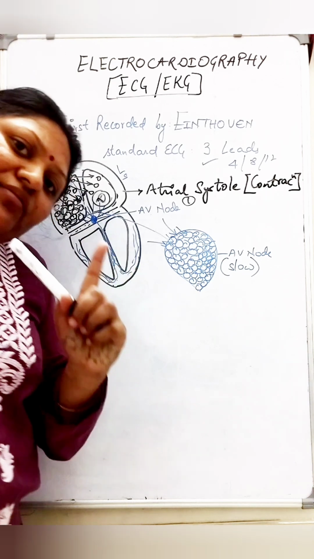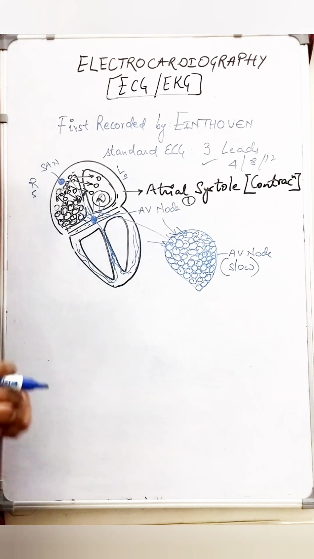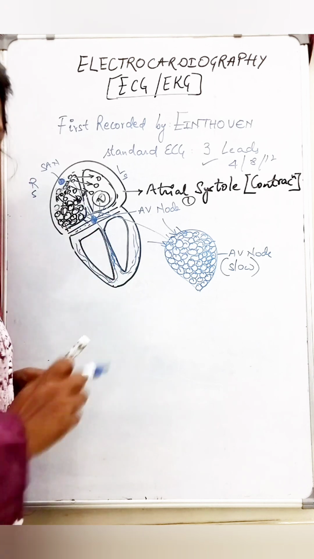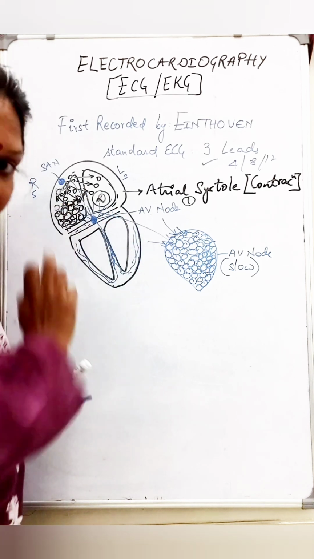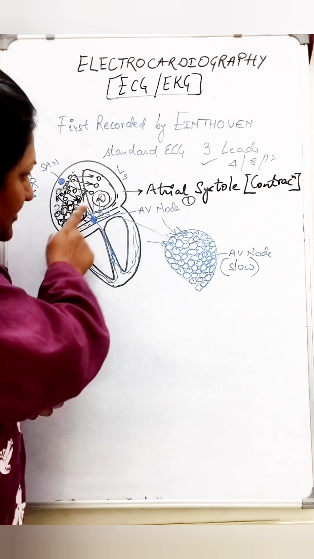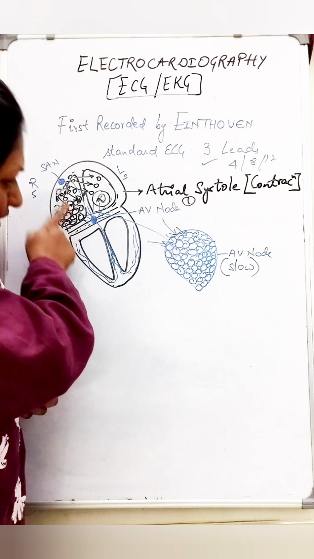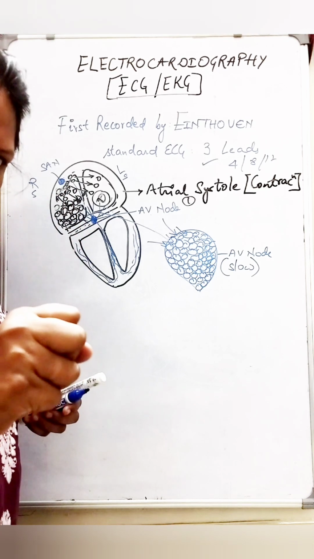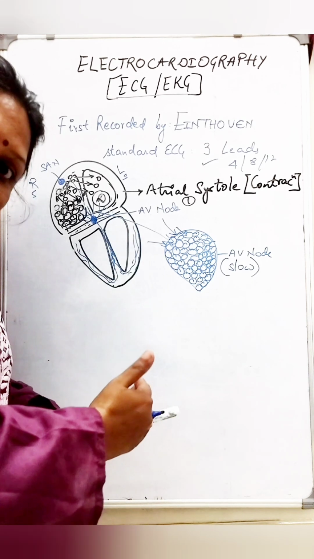One more scientific fact is that at the AV node, when all the depolarized signals are coming, it is the junction between atrium and ventricle, right? So when the signals have to cross from atrium to ventricle, it is kind of a holding point. It's not like suddenly atrial to ventricle. No, there is a pause.